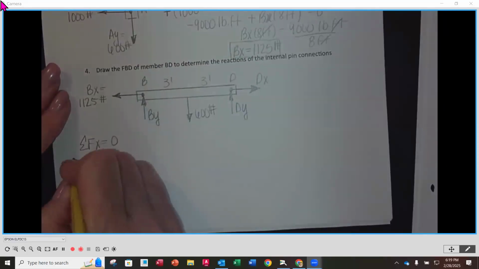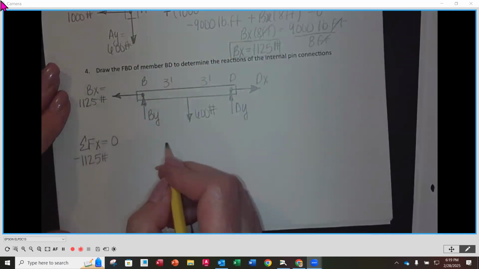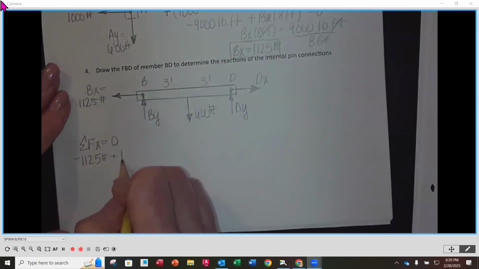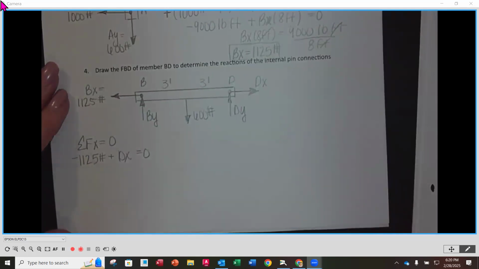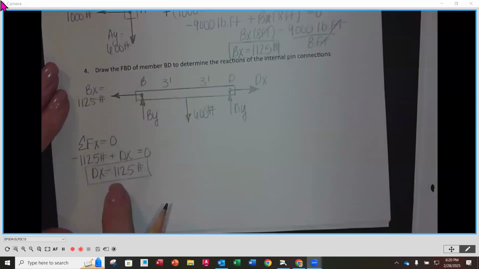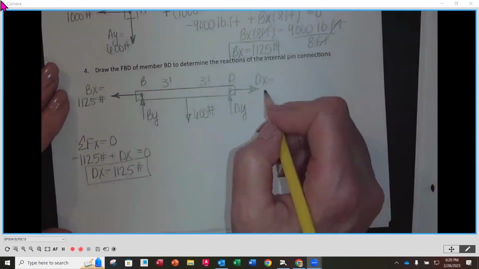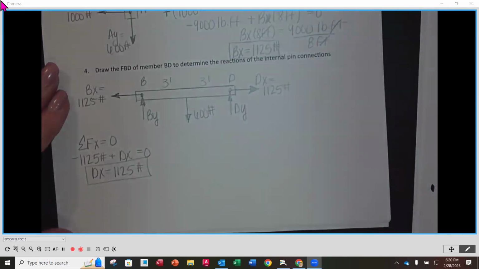I've got a negative 1125 pounds and a positive DX equal to 0. So only the horizontal. So there's only those two forces. So solving for DX, I'm going to say DX is equal to 1125 pounds. Okay. Positive value. So it confirms the direction that we put on.